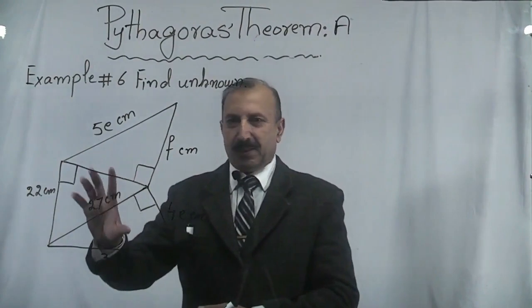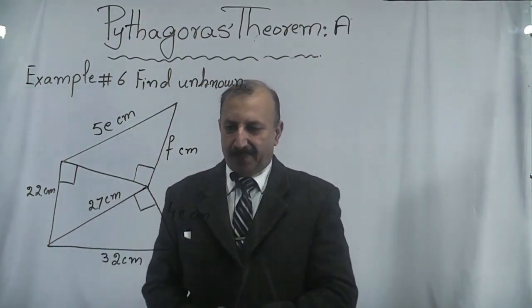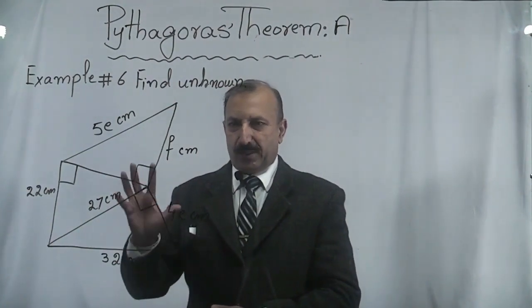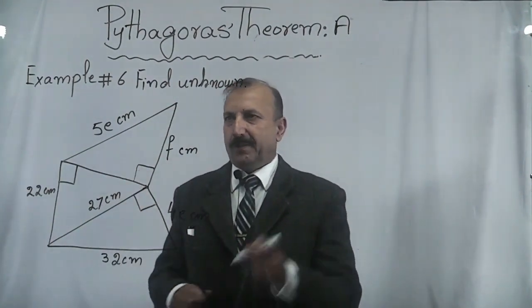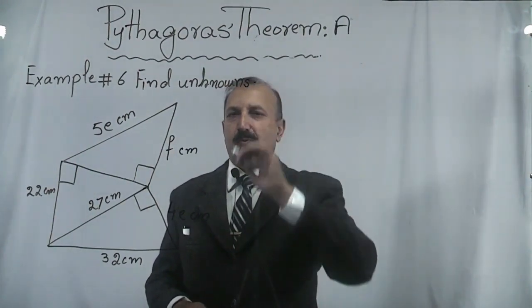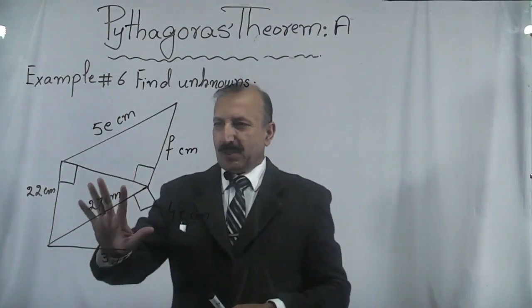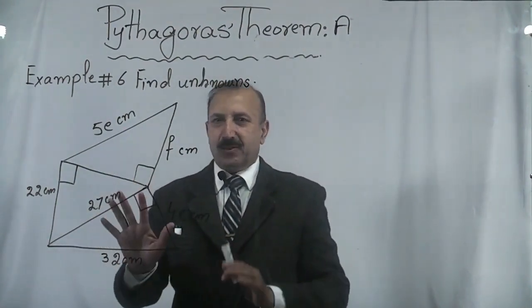Now, if we look at this example, this is a composition of three right angle triangles. There are two unknowns here in this question, and it's not one unknown we are supposed to find. We are supposed to find two unknowns here. Values are given, and 1, 2, and 3 right angle triangles are here.